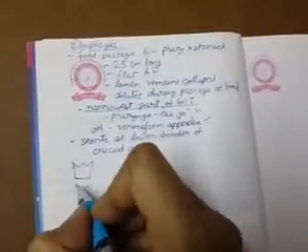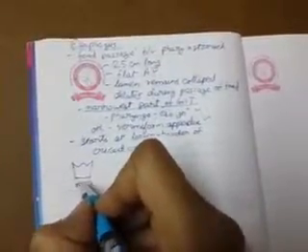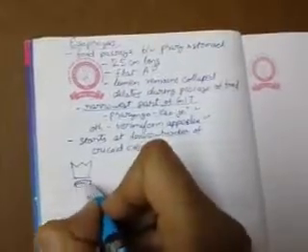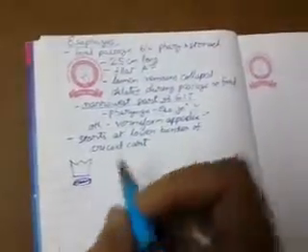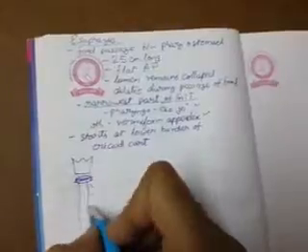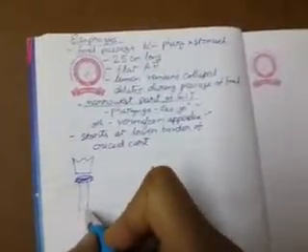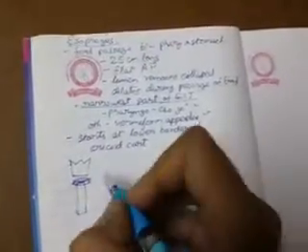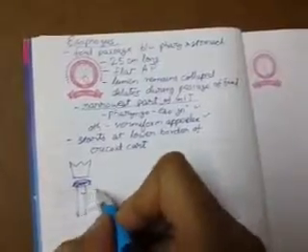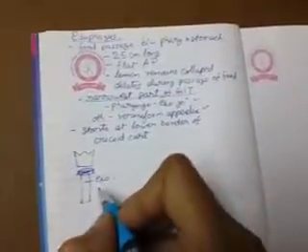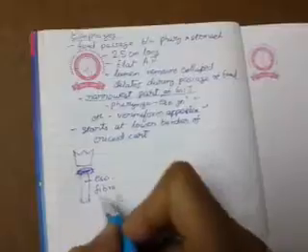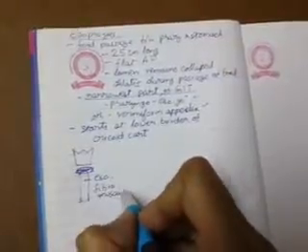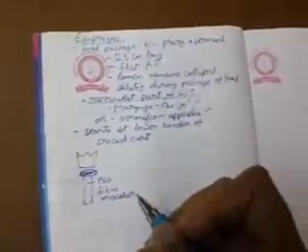Below this is a ring shaped structure, which is the cricoid cartilage. From here the esophagus starts. And as we have seen, the esophagus is a fibromuscular structure.